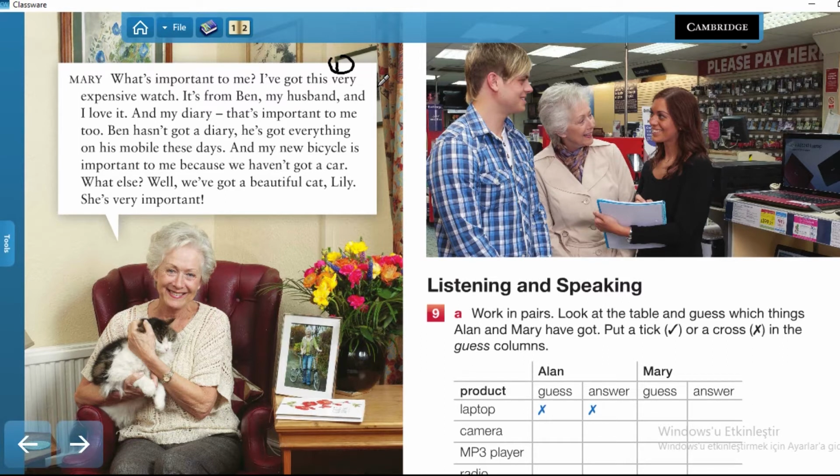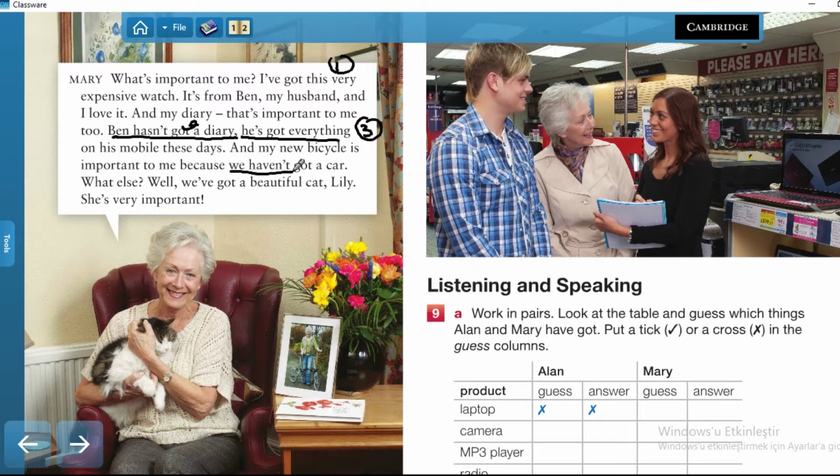And my diary. That's really important to me too. Ben, her husband, Ben hasn't got a diary. So that's number two with negative forms. He's got everything on his mobile these days. That's the positive form for number three. And my new bicycle is important to me because we haven't got a car.